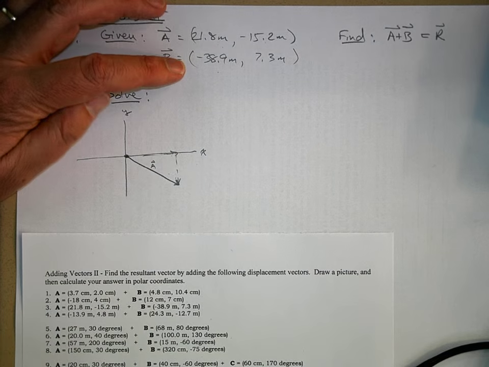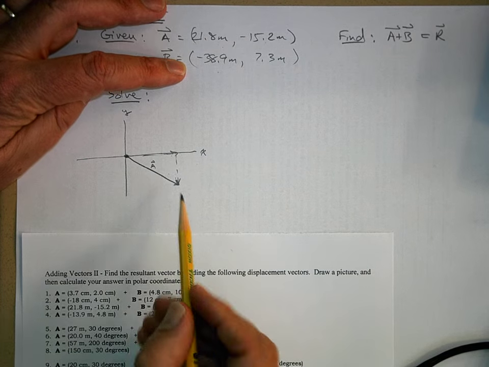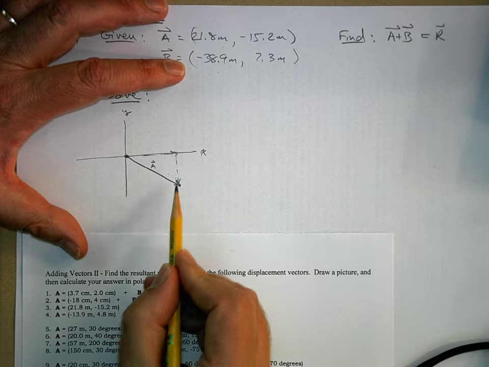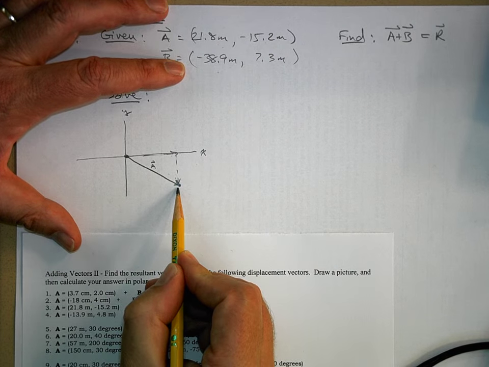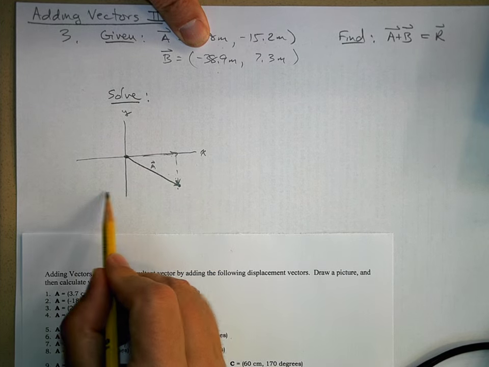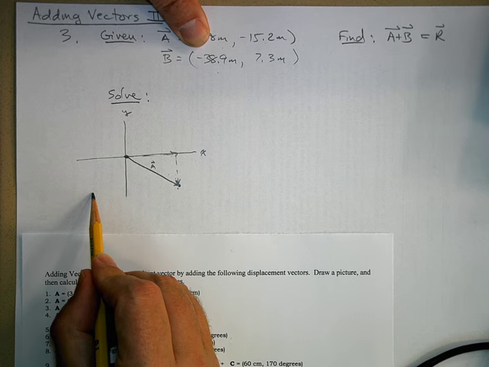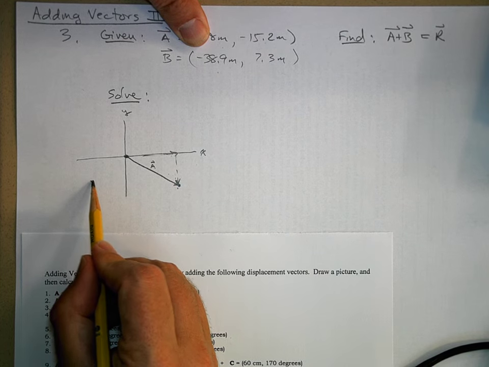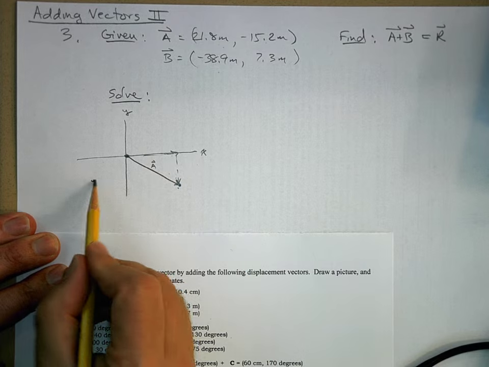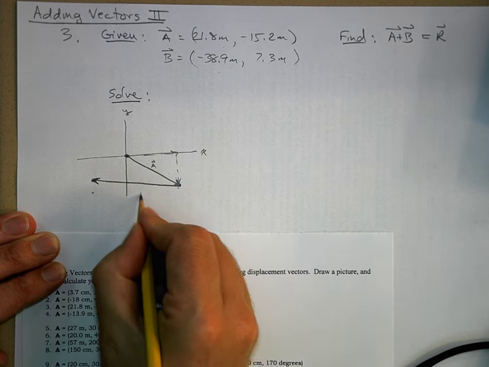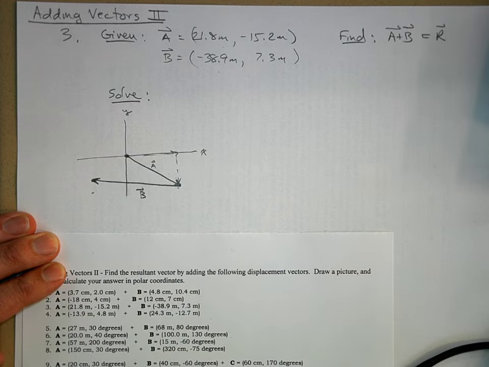And then B is going to be, now, here's what I'm going to do. Starting where A ended, I'm going to go in the x direction negative 38, which is almost twice, so over here somewhere, and it's going to go up 7.3, which isn't very much. So vector B is going to look like this. See what I did?